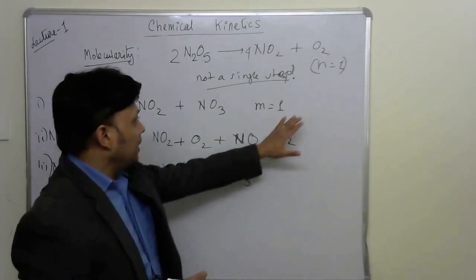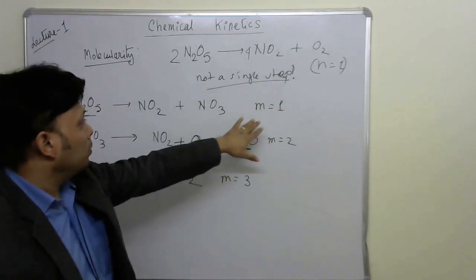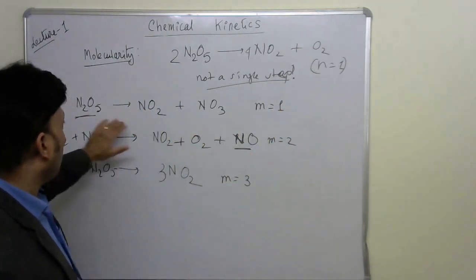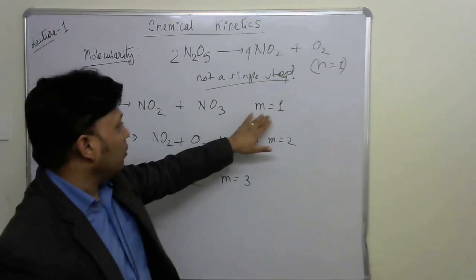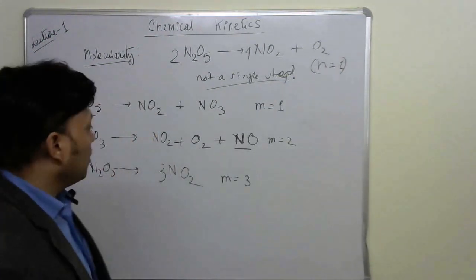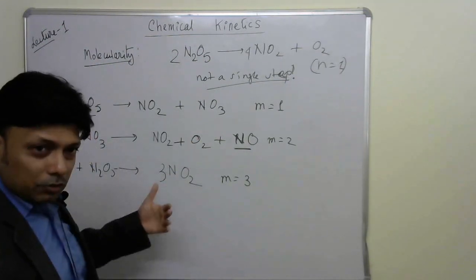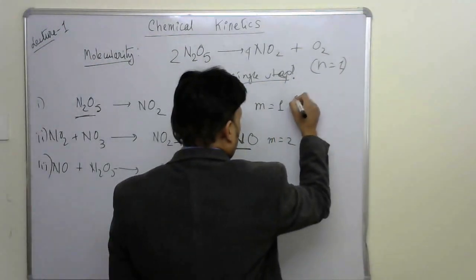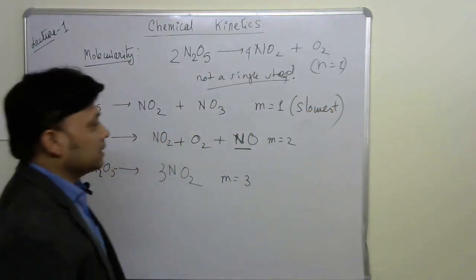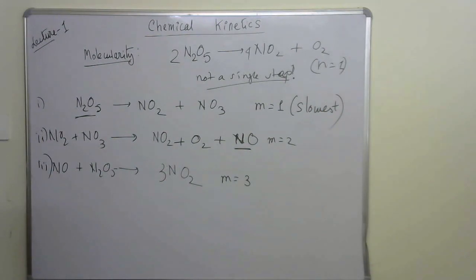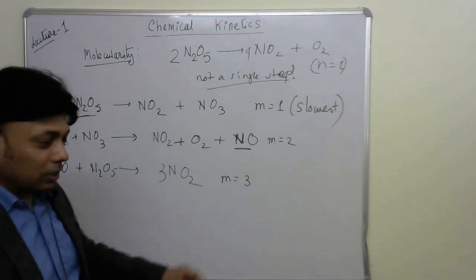So how can we relate the order to the molecularity, or why should we only consider the reaction step where the molecularity matched with the order? Because further mechanistic studies reveal that out of these 3 reaction steps, the first step is the slowest step.